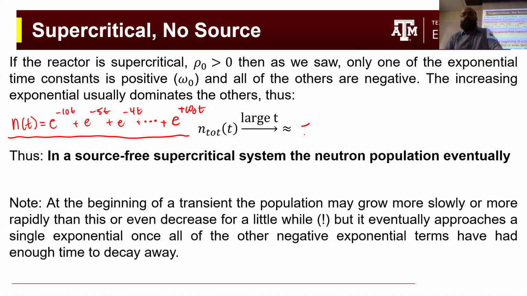So this is going to look like e to the omega naught times time. And omega naught is positive if my insertion is positive, and that means my population is going to eventually exponentially increase.